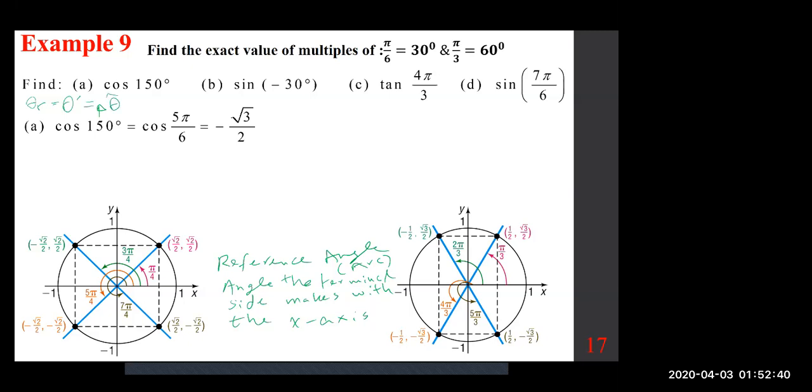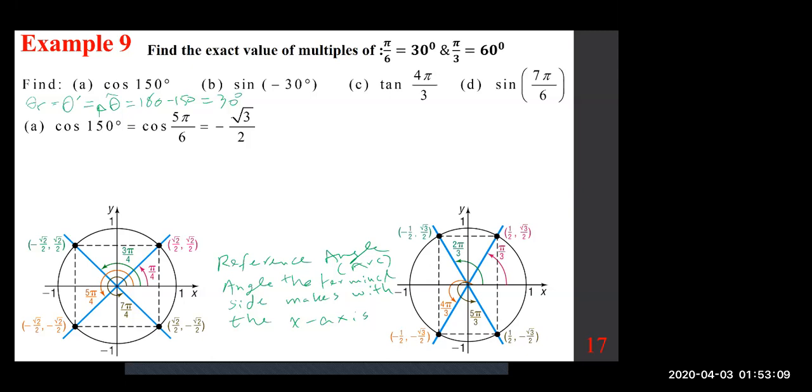I'm showing you different notations because it really depends on which text you're using. For 150, the reference arc is 180 minus 150, which is 30 degrees.